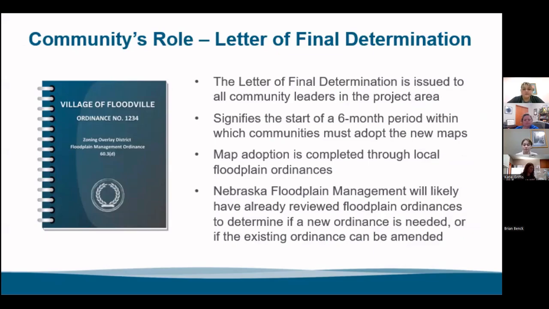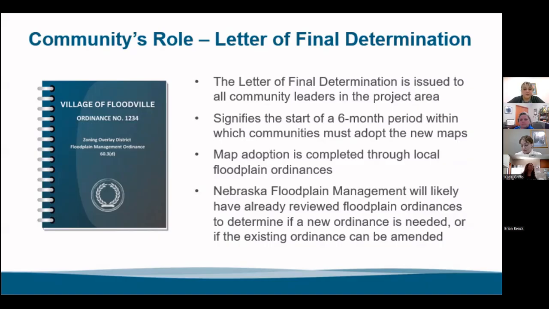When you do get what's called the letter of final determination, this is the official issue that states the final outcome, and this is where your floodplain maps become finalized.